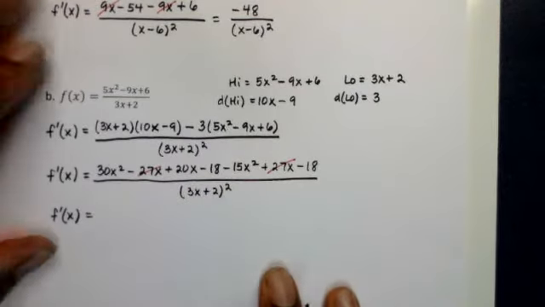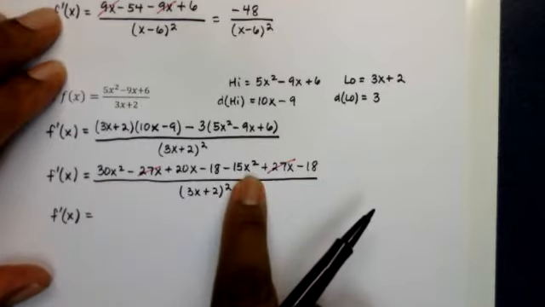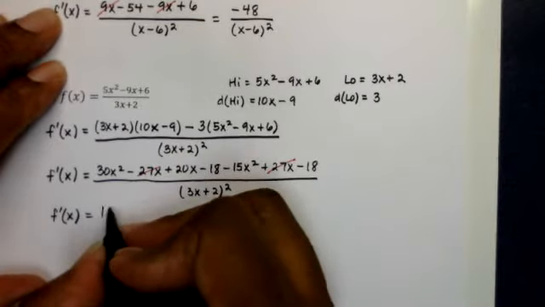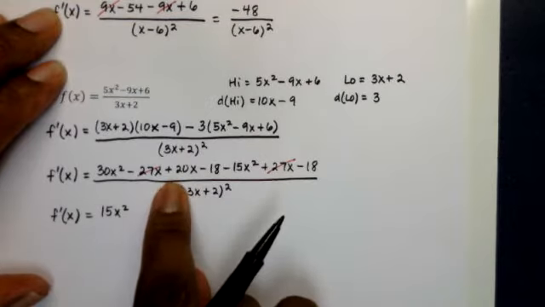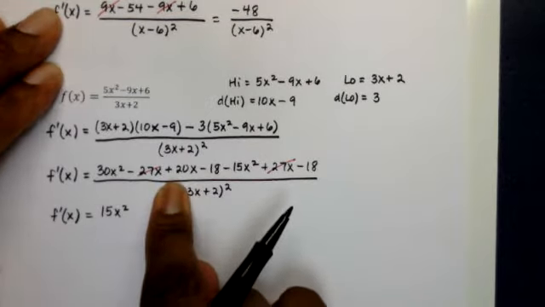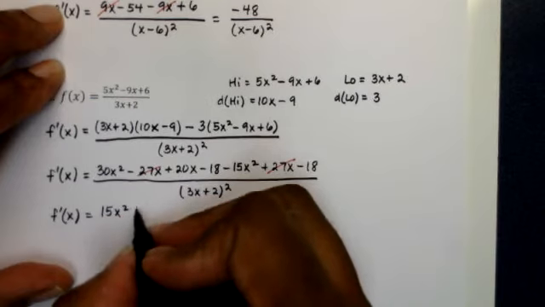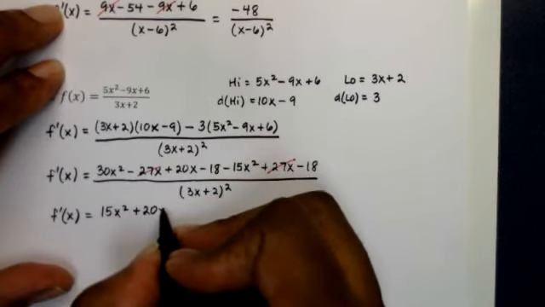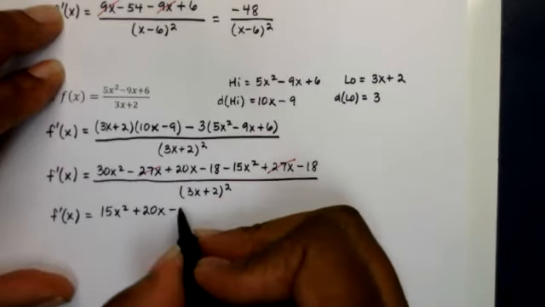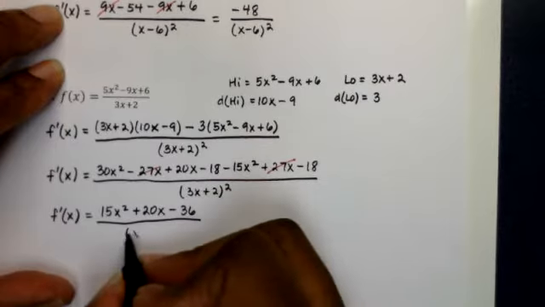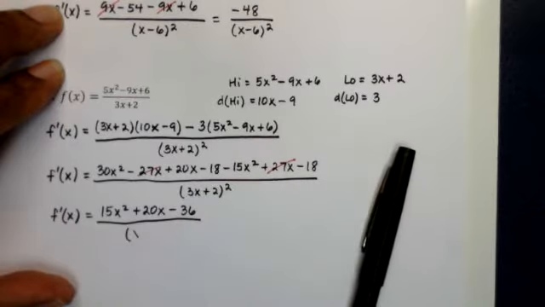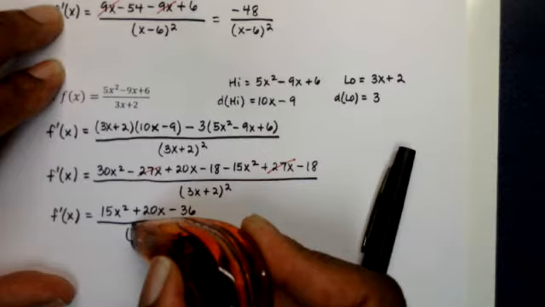Let's see here. 30x squared and a minus 15x squared will give me 15x squared. Plus 20x is all I have, so it'll be plus 20x. Minus 18 and a minus 18, that would be minus 36. All divided by 3x plus 2 quantity squared.